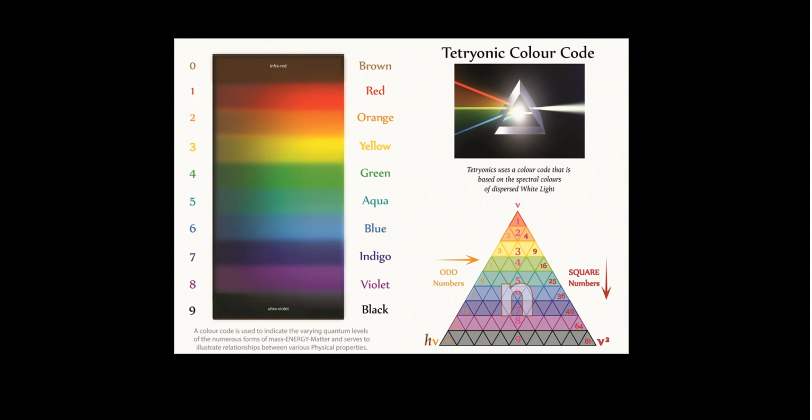Of course, I've color coded these numbers. 1 is red, 2 is orange, 3 is yellow, and these are in accord with the spectral colors that come out of a prism. With the exception of the normal text, I've put in aqua, and I put aqua in there because it's important to differentiate between the green and the blue.